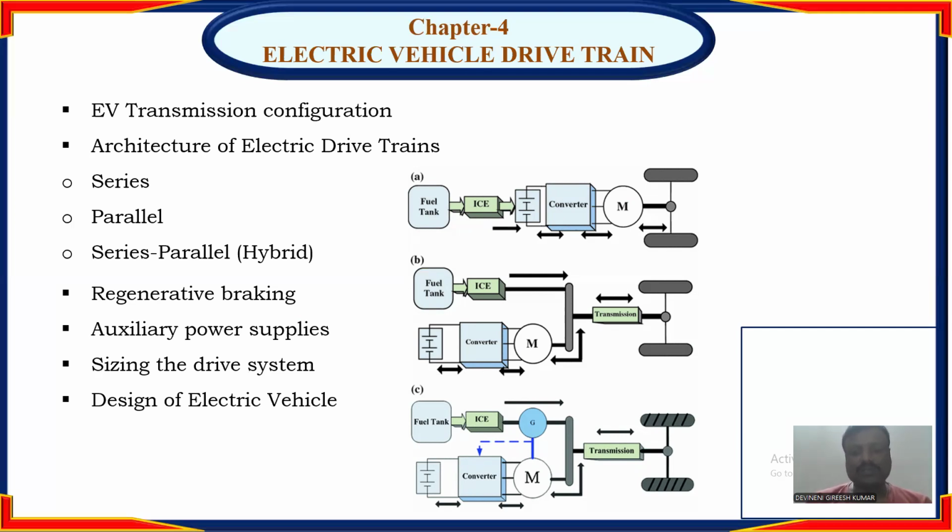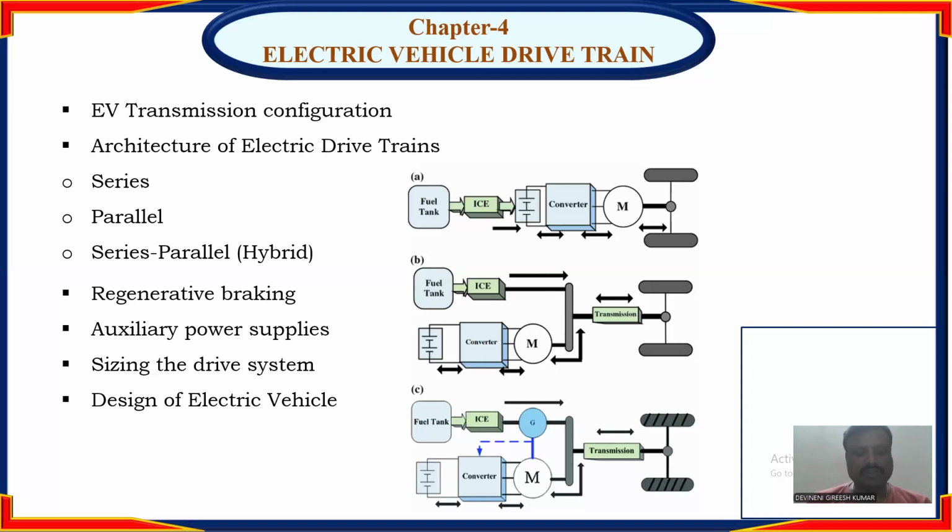We also discuss the regenerative braking model, which is the most predominant braking for EVs, how the braking can be applied, and how the energy flows back from the wheels to the power source through regeneration.